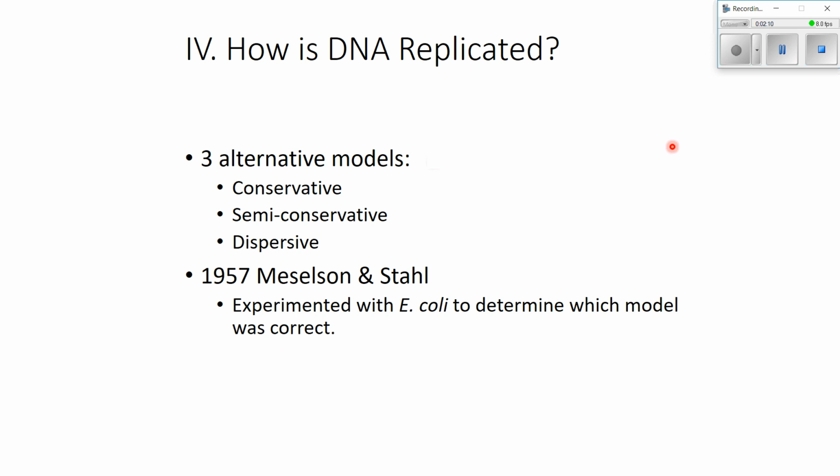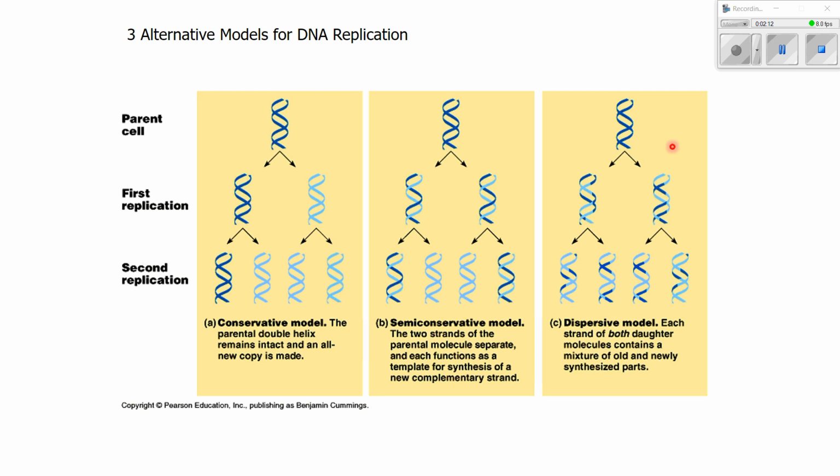So we need to try to understand what these three models are, what they say about how DNA is copied. So first you have the conservative model. And remember, in all three of these models, in all three pictures, the dark blue color represents the old original strands of DNA.